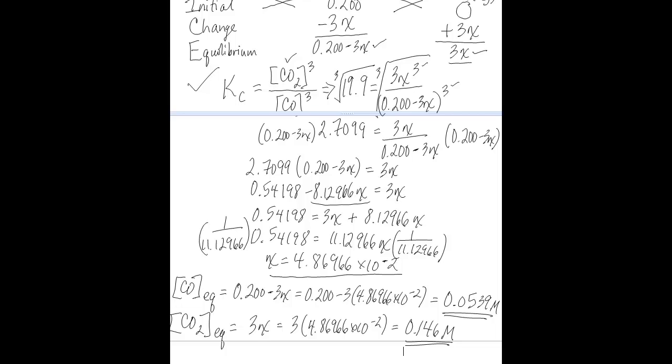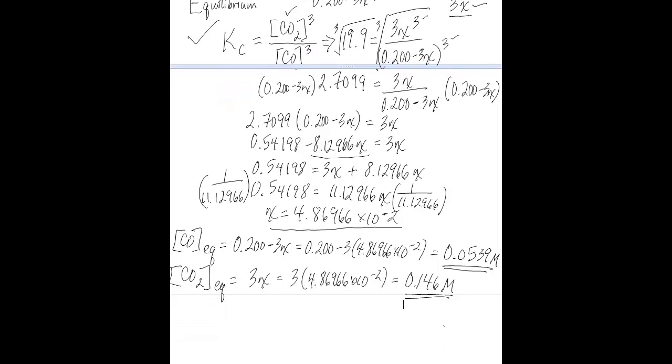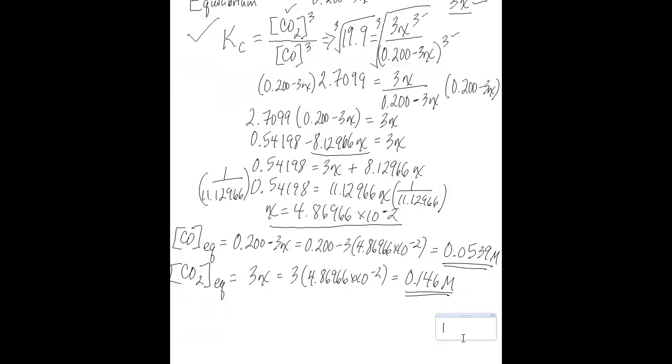And it's a good idea to check your work. So what you can do here is substitute these values that you found back into the Kc expression to check and make sure you get the same Kc that you started with. So to check your work, you're just going to see that Kc is equal to the concentration of carbon dioxide gas cubed over the concentration of carbon monoxide gas cubed. You're going to substitute in those values you just solved for.